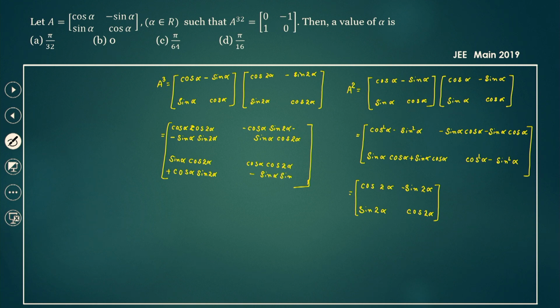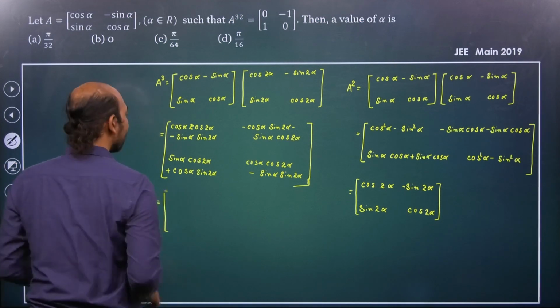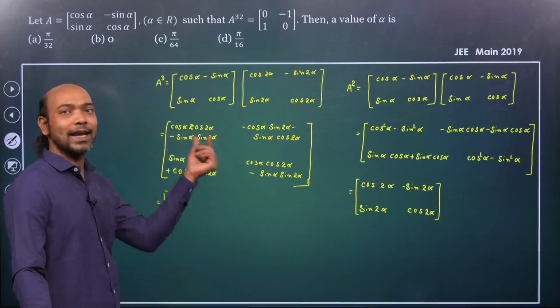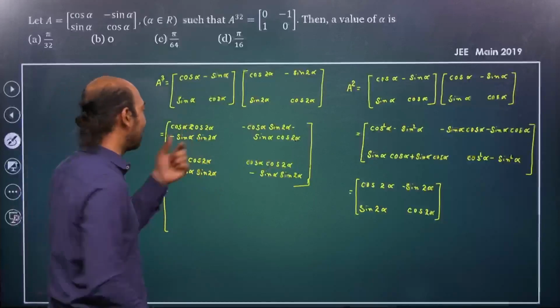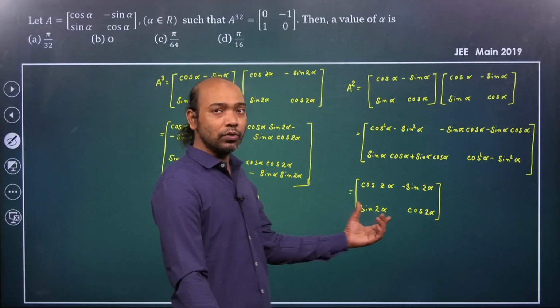It's just matrix multiplication. The formula cos A cos B minus sin A sin B is cos of A plus B, that means cos 3 alpha. So we get cos 3 alpha, minus sin 3 alpha, again sin 3 alpha and cos 3 alpha.